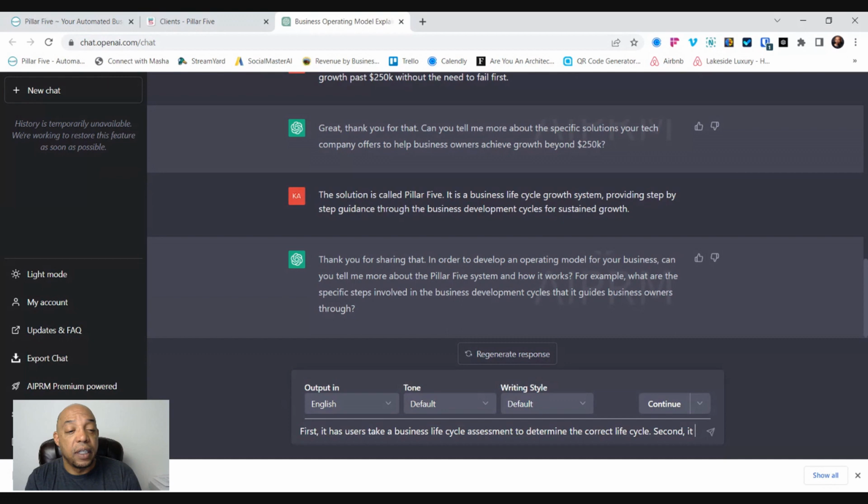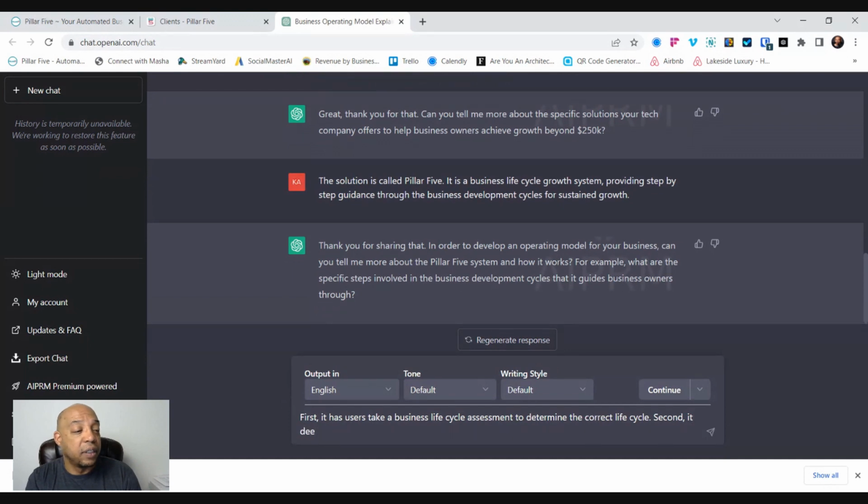Second, it determines which steps have been neglected and provides a sequence of actions to move forward.